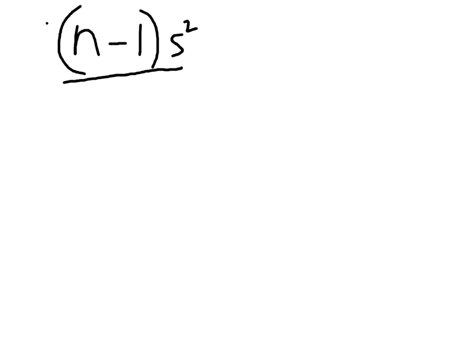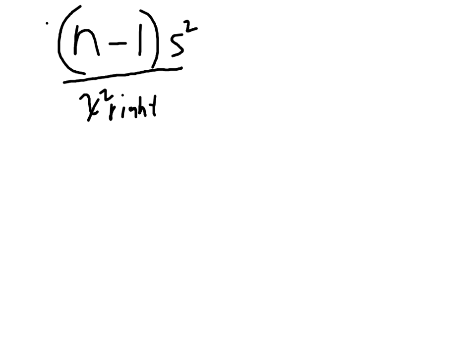On the left side, n minus 1 times the sample variance, or I could say the sample standard deviation squared. Notice that we have chi-squared right on the left side of the formula. You can always write the formula down and refer to it.